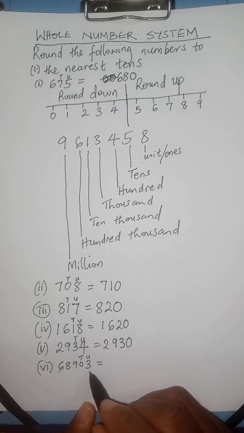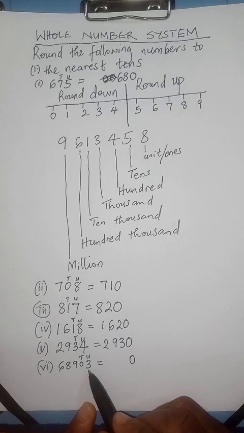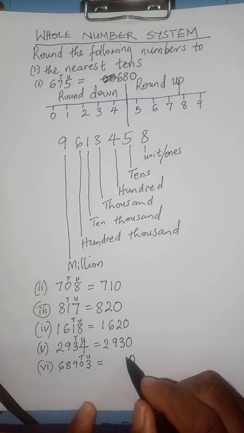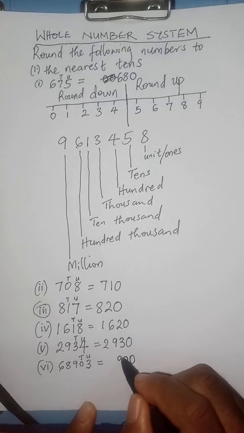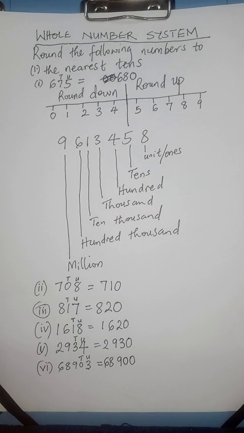Now the unit becomes 0, but before writing the other digits, we check, is it greater than 4? Since the unit is 3, I'm going to round down, and that simply means I'll retain the tens the way it is without adding 1 to it, and then write out the other digits, and then I have 68,900.